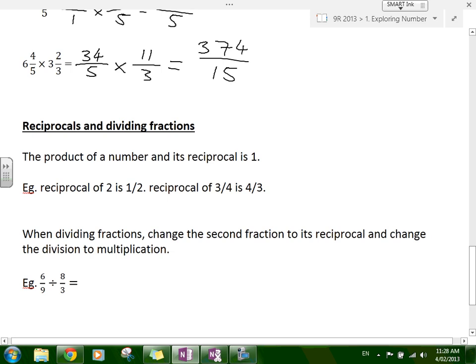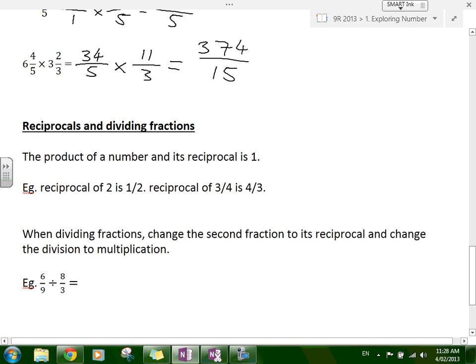The definition of a reciprocal is that when you multiply a number with its reciprocal, what do they multiply to? What's the product of a number and its reciprocal? Always 1. A number and its reciprocal multiplied together is always 1. The product is always 1.